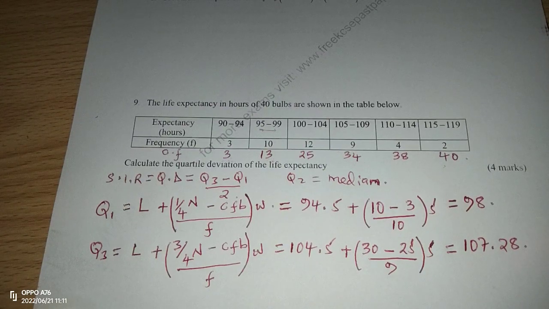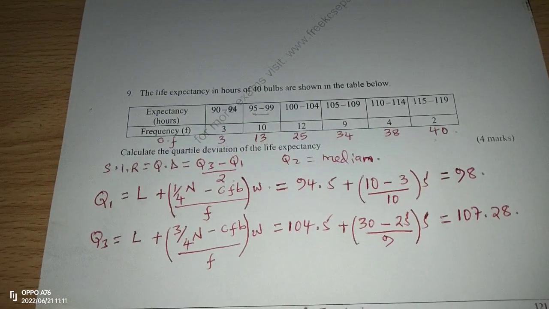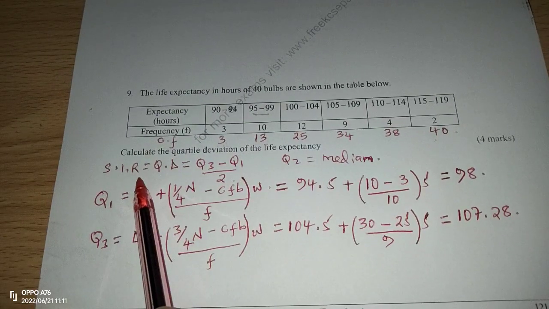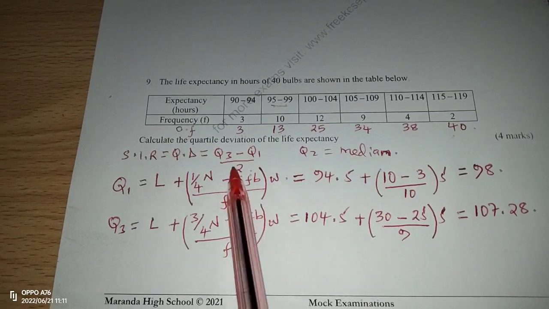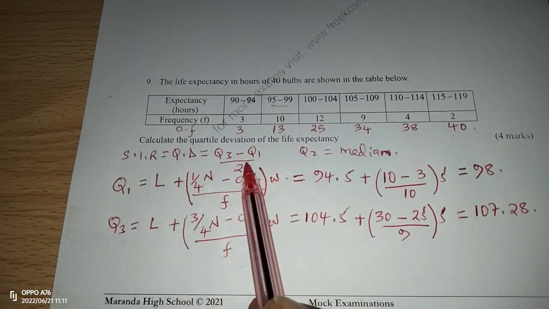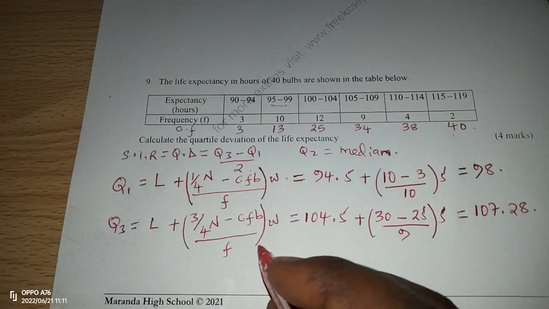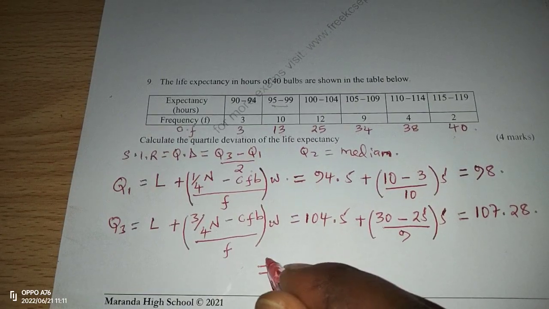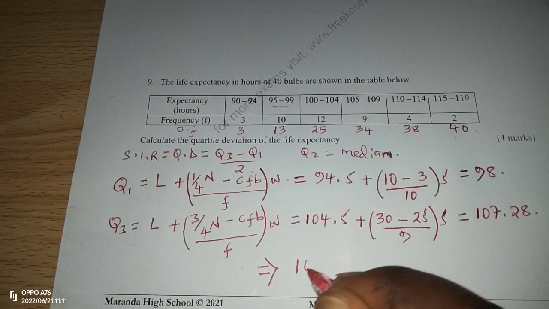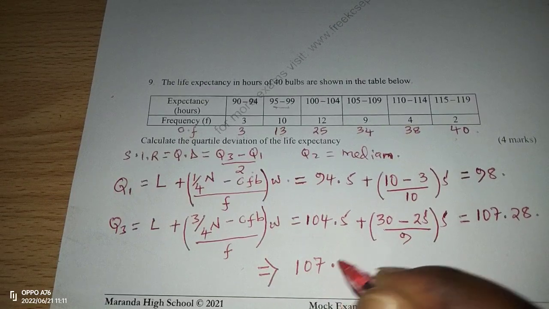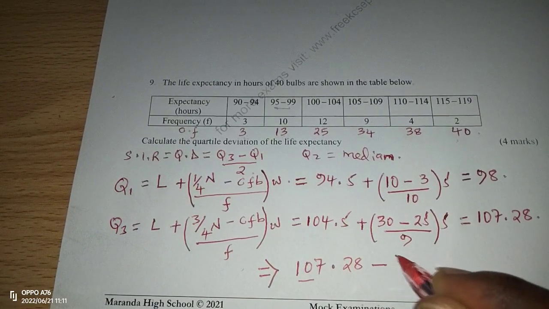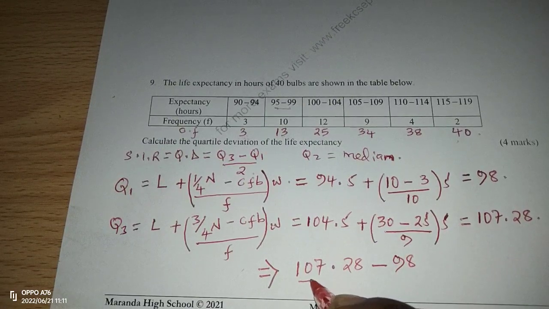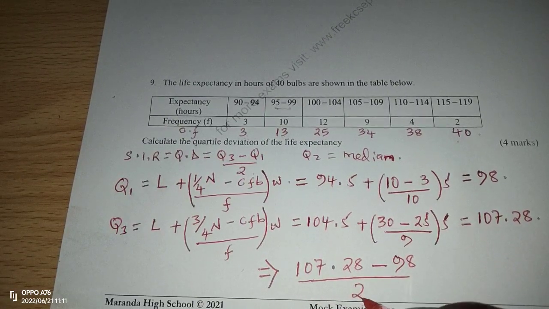Now, for us to get the semi-interquartile range, which is the quartile deviation, we need to get Q3 minus Q1, and divide by 2. Therefore, to arrive at the answer, we need 107.28 minus 98, then we divide by 2.